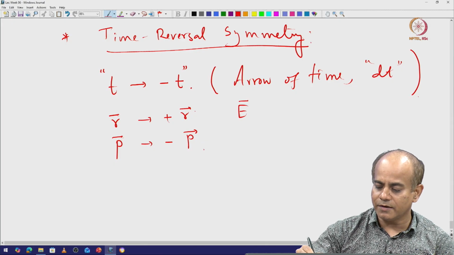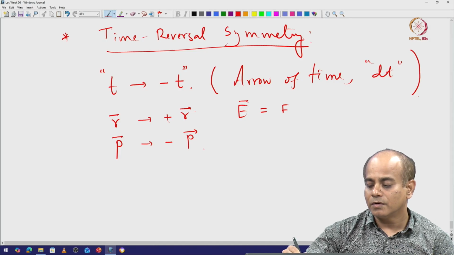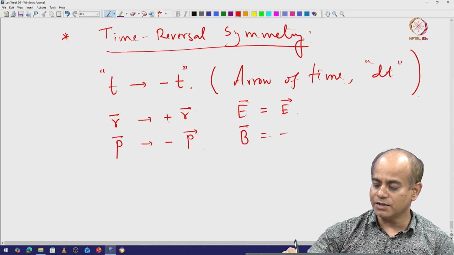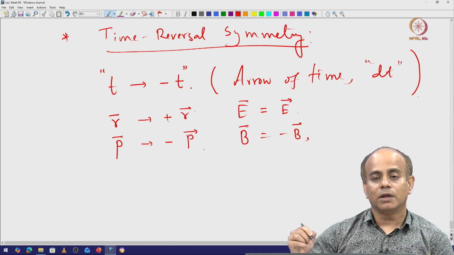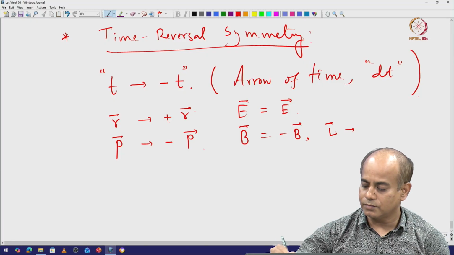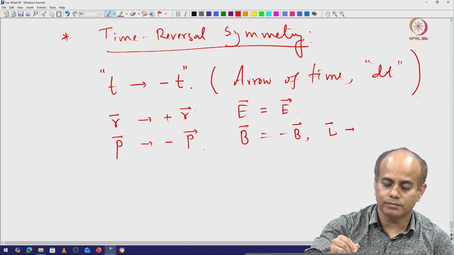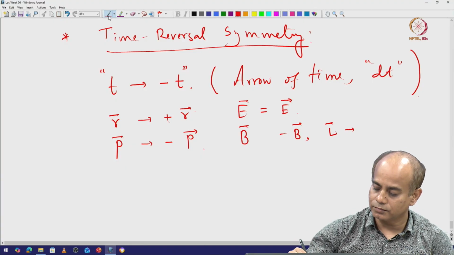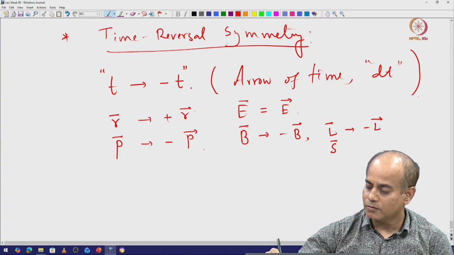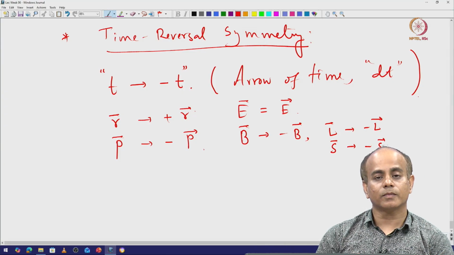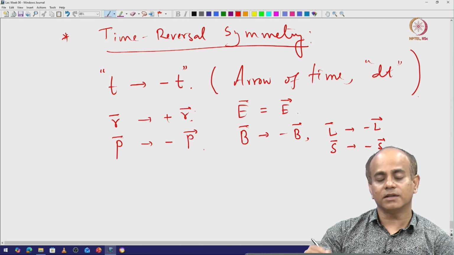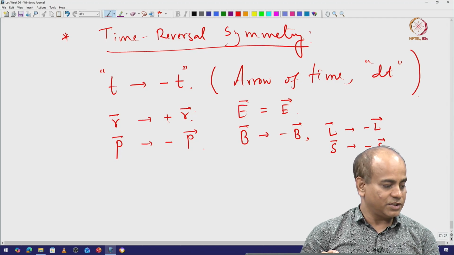So, the electric field does not change, but the magnetic field would change because L changes to minus L, and spin changes to minus spin. Okay. This is how the operators, the coordinates and the momentum, will change.